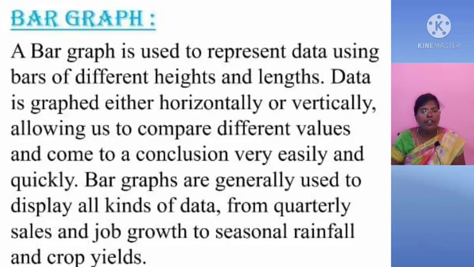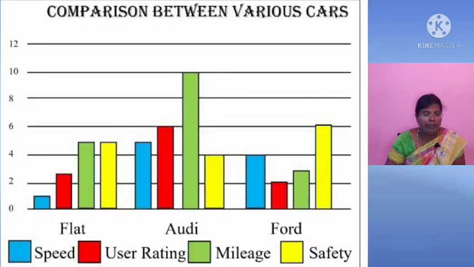Okay Nana, if we go through the diagram here, they have given a diagram for you. Observe this diagram carefully. Comparison between various cars. They have given only 3 cars: Fiat, Audi and Ford.